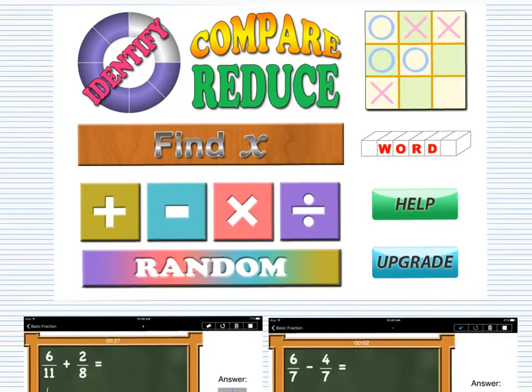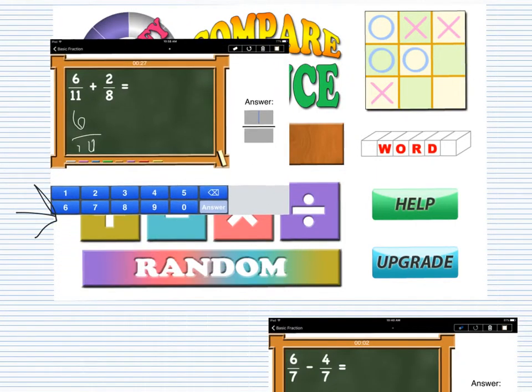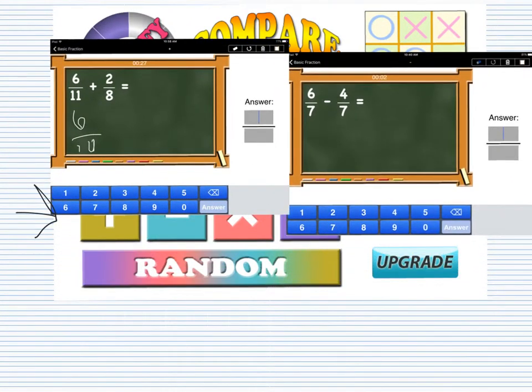For the add, subtract, multiply, and divide symbols, there are equations that are given to the students, and these will be adding, subtracting, multiplying, or dividing depending on which one they choose. They are just like all the other categories. They have the answers so that students can see, and they have the keyboard.